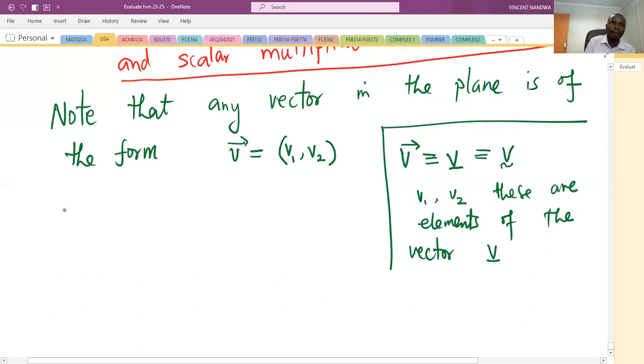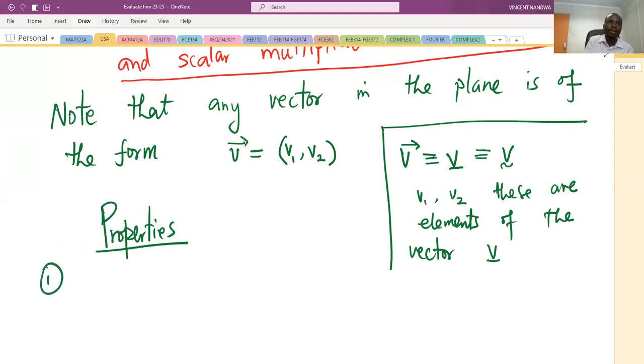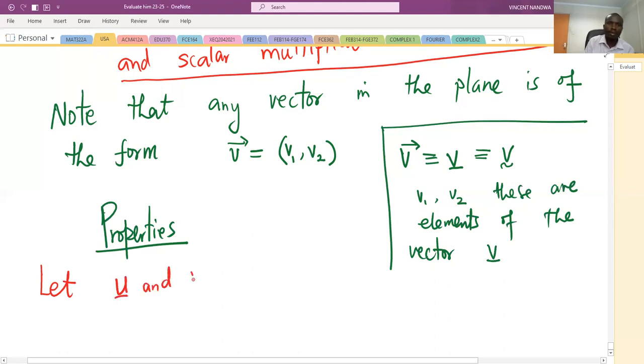So let's leave the properties. Actually, before we go to one, let's just give the general definition.